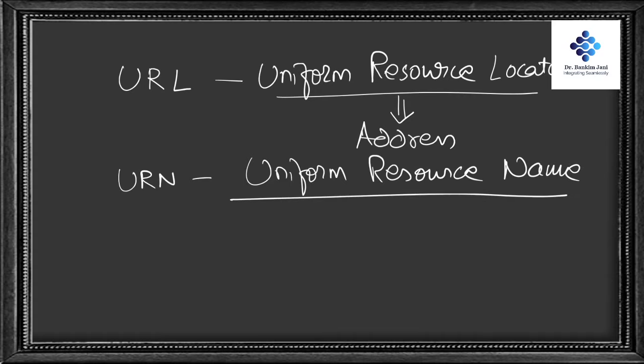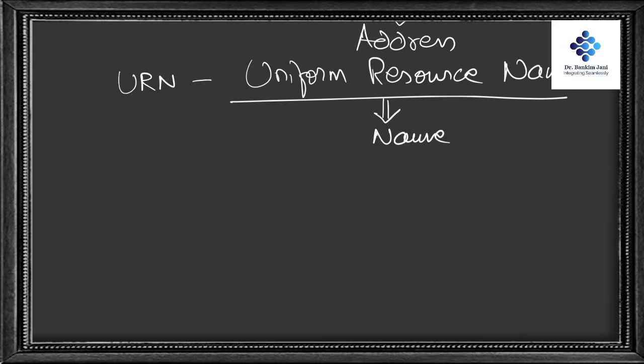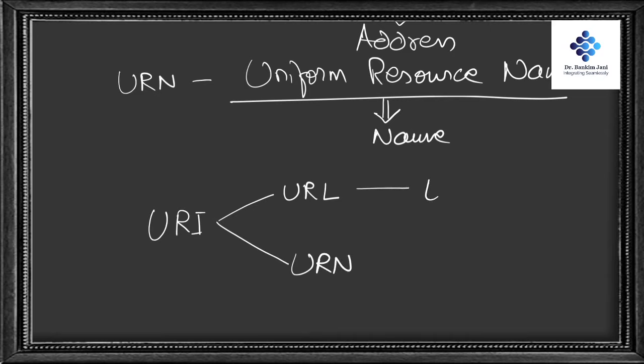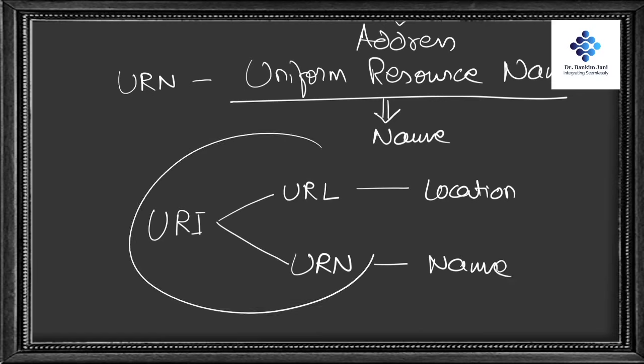That's right, name. So obviously it will be taking care of only the name. So does it mean that URI, Uniform Resource Identifier, holds URL and URN? Because this is for location, that means address, and this is for name. Yes, you are right. That's how this thing goes.